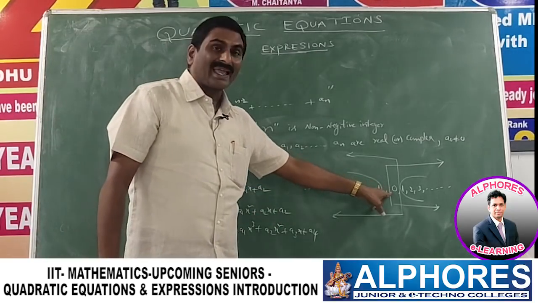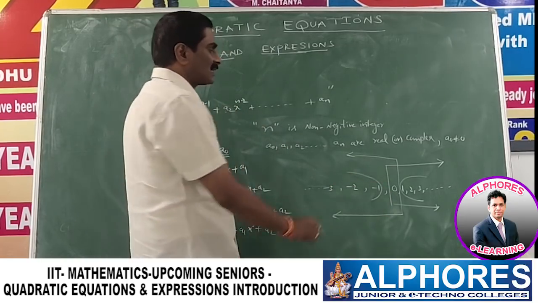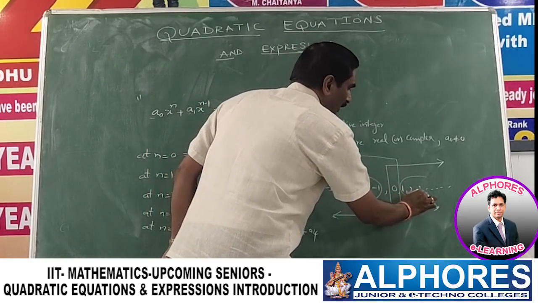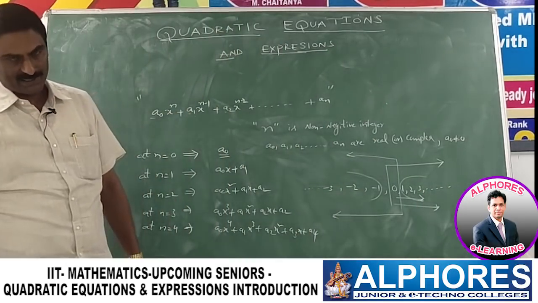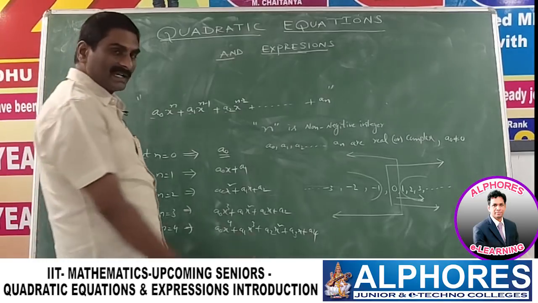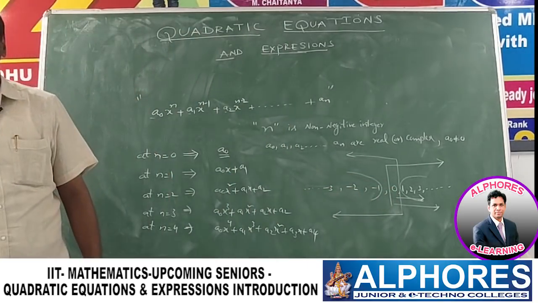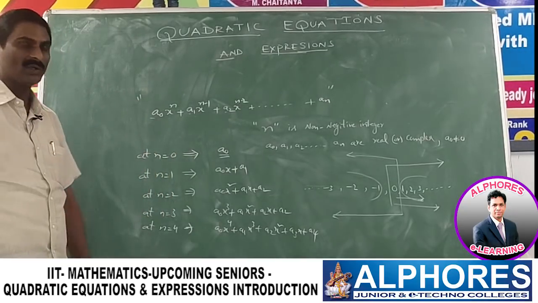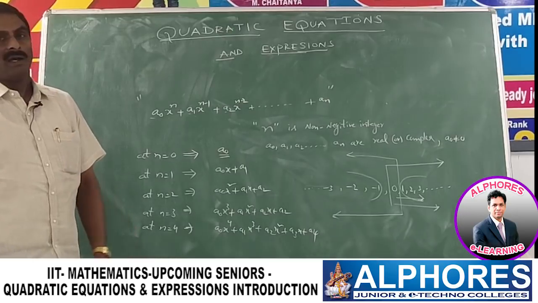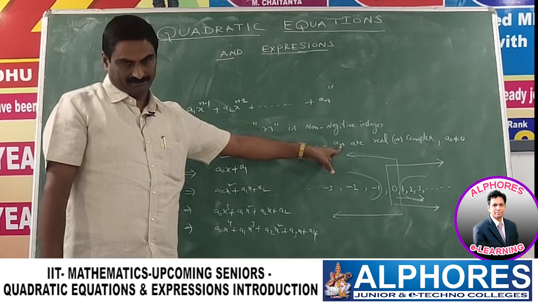Here 0 is neither positive nor negative. The integers 0, 1, 2, 3 so on are said to be non-negative integers, and the integers 0, minus 1, minus 2, minus 3 so on are said to be non-positive integers. And at the same time a0, a1, a2, a3 are real or complex numbers.